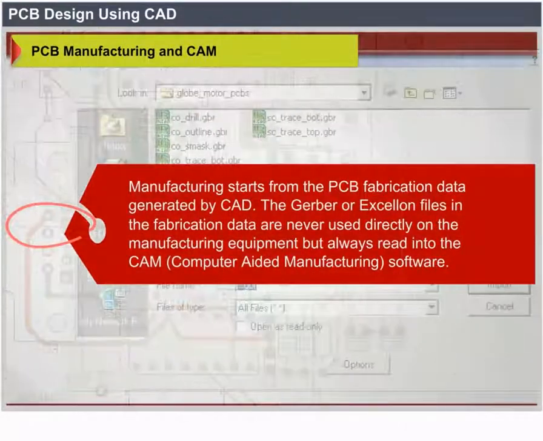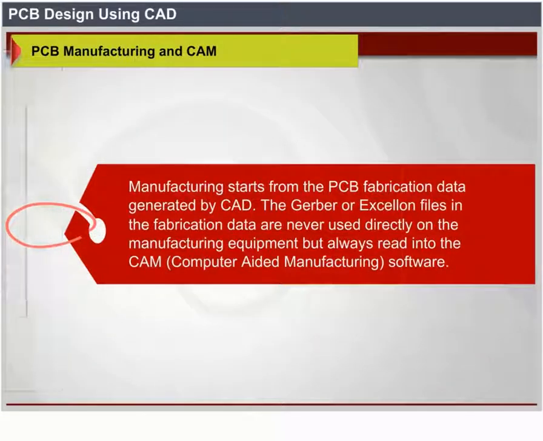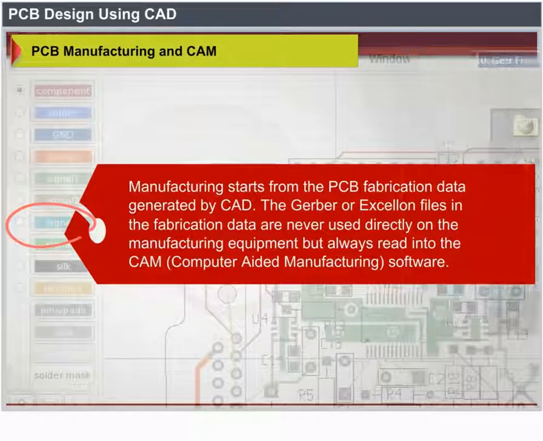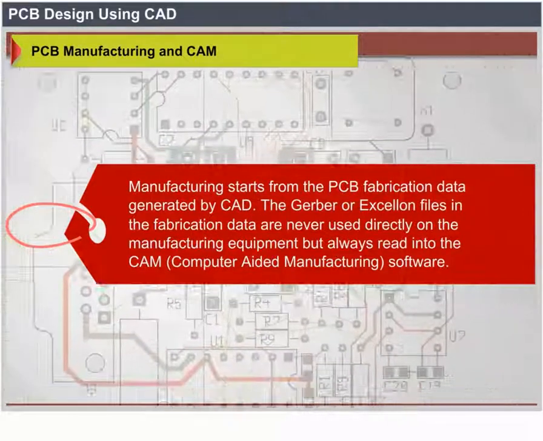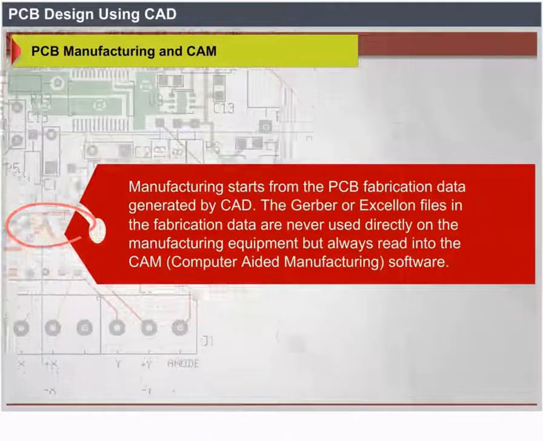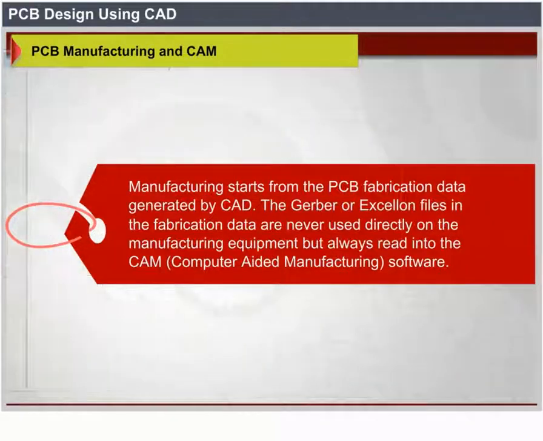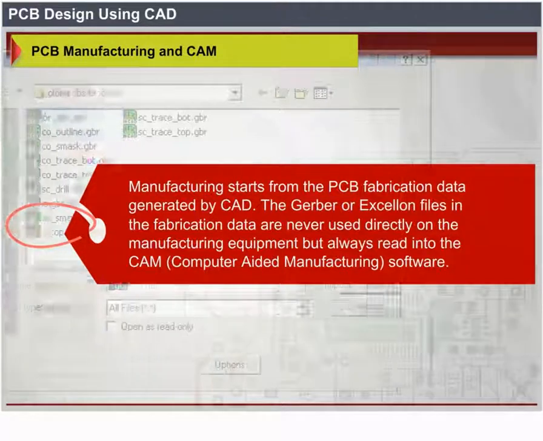Manufacturing starts from the PCB fabrication data generated by CAD. The Gerber and Excellon files in the fabrication data are never used directly on the manufacturing equipment but always read into the CAM, computer-aided manufacturing software.